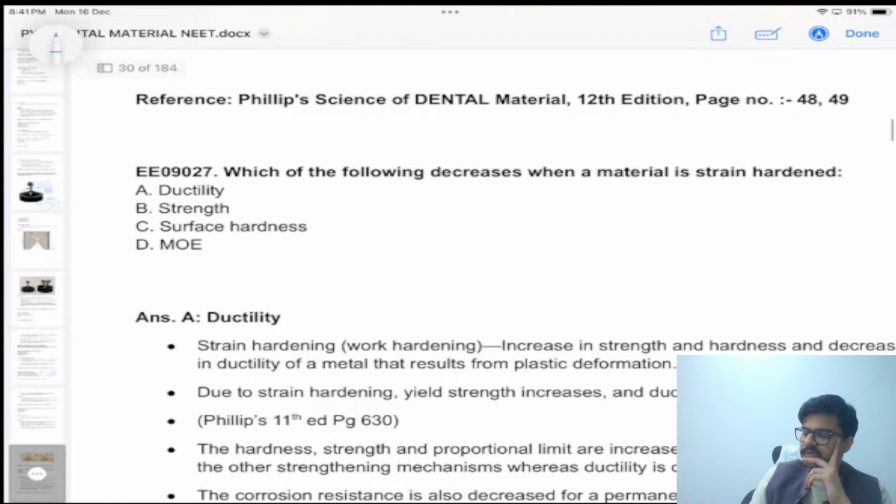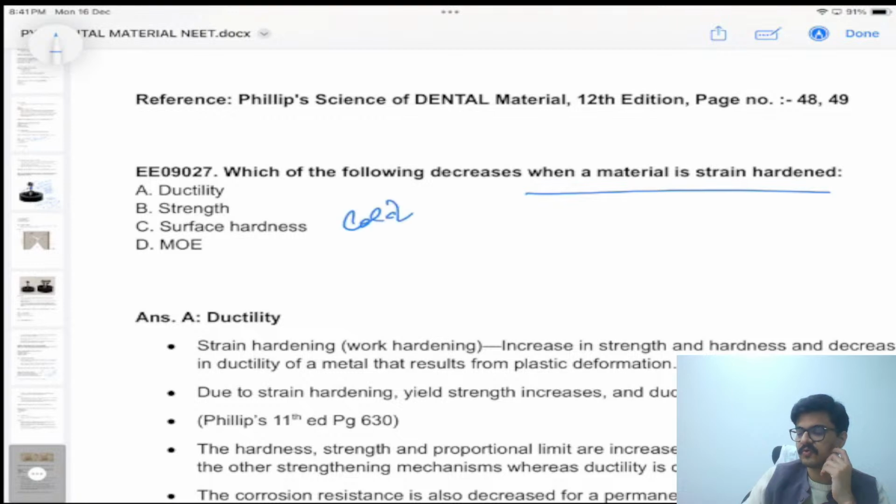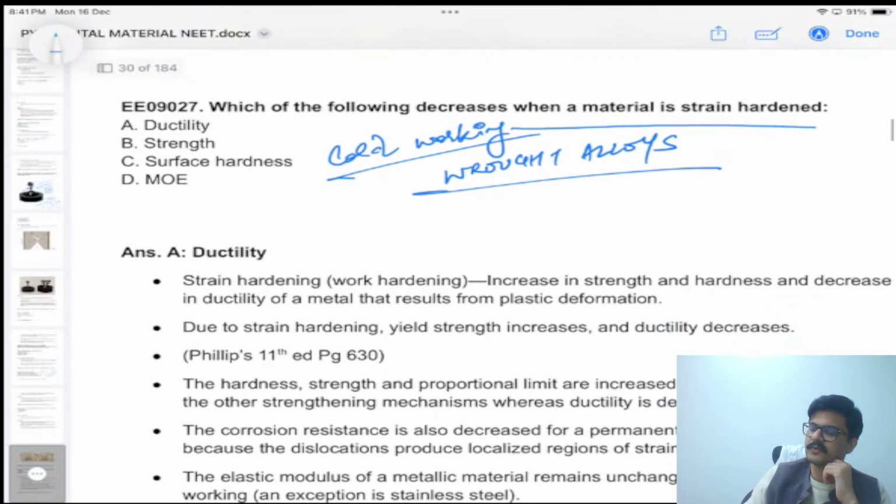What decreases when a material is strain hardened, right? So basically, it's talking of cold working. We do this concept in great detail when we discuss wrought alloys, isn't it? So when you cold work a material, it increases in strength, it decreases in ductility.